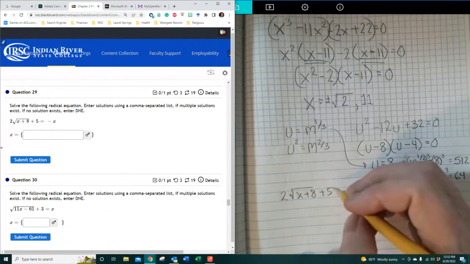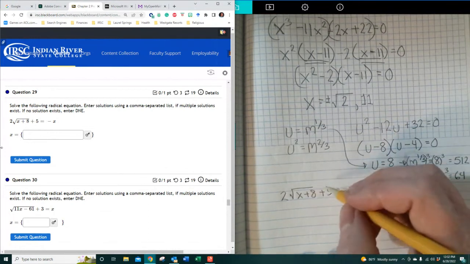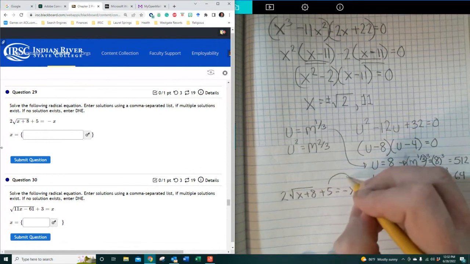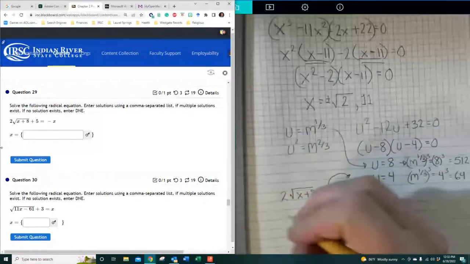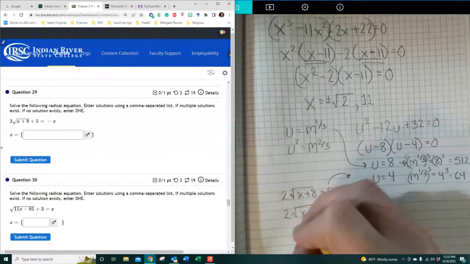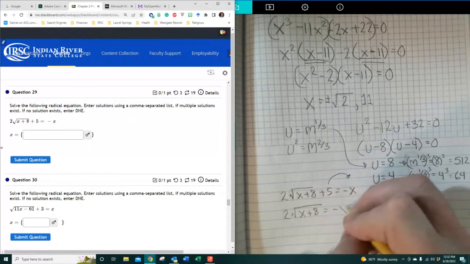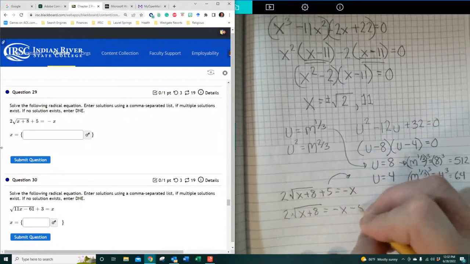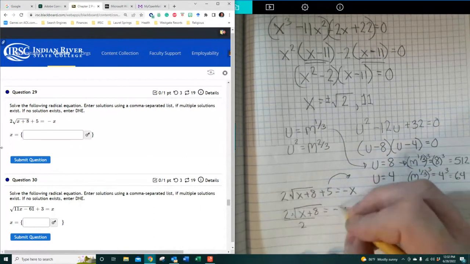All right, now what we want to do is isolate the radical so we can solve for it, right? So we're going to bring this over to the other side, and then divide both sides by 2.